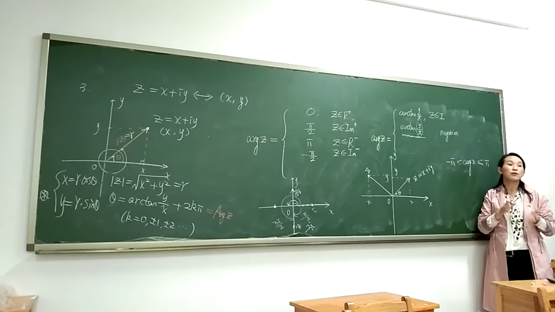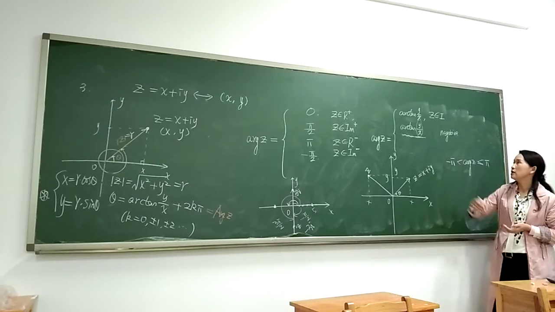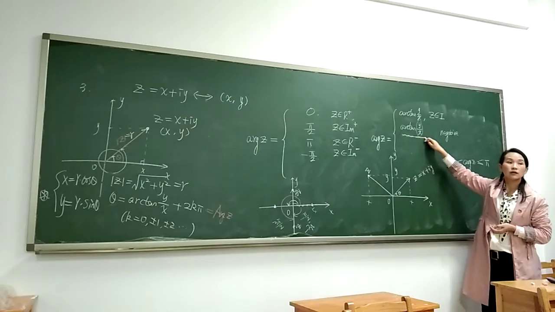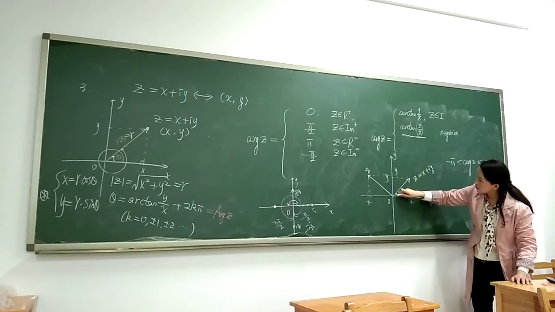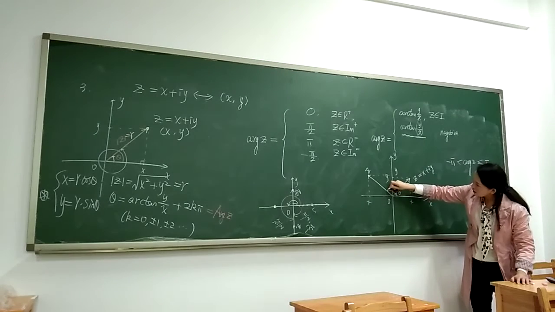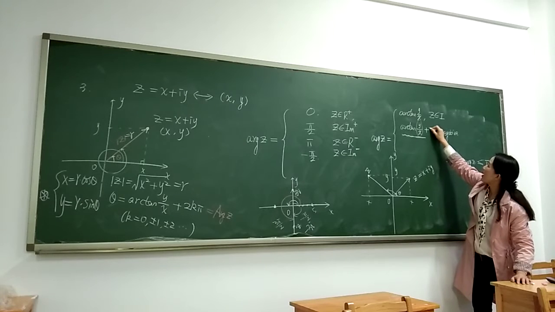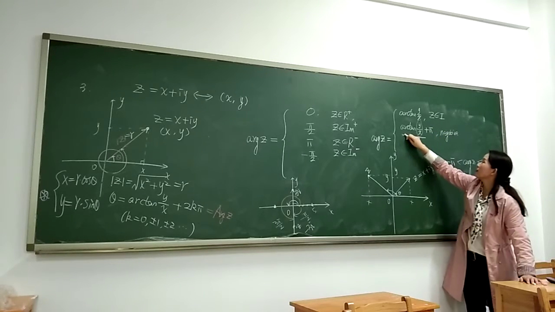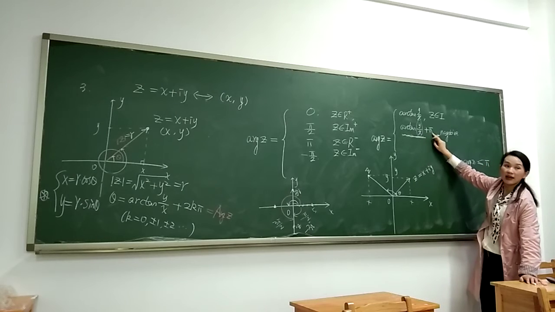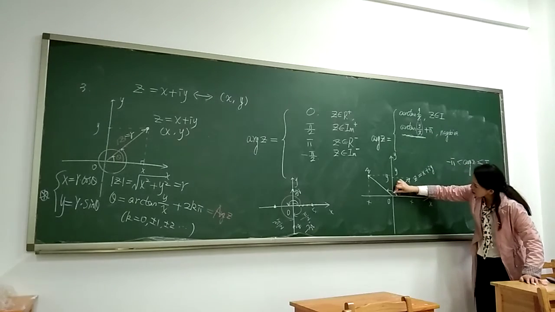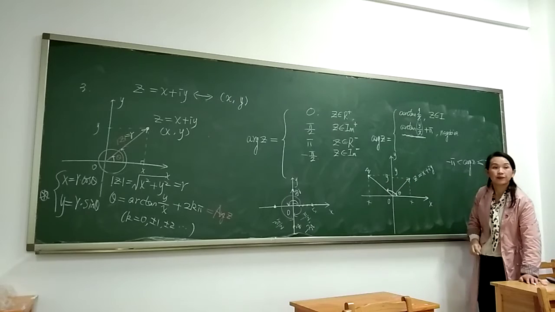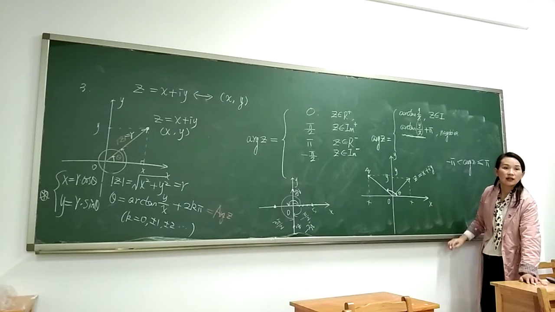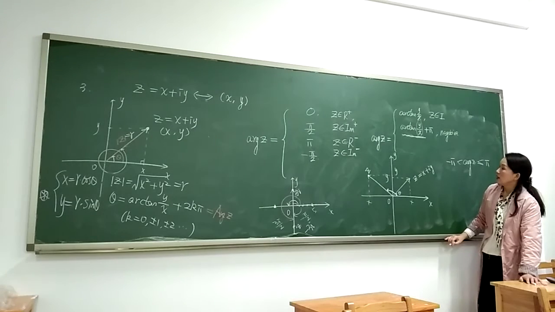So the principal argument of z is not this one. You need plus pi. If this one is negative, plus pi, so is this angle. Understand it? Okay.